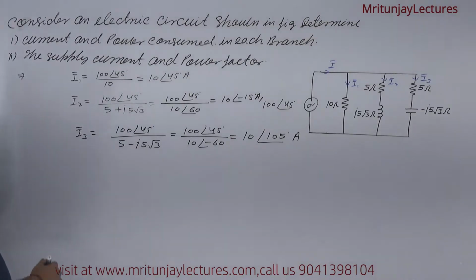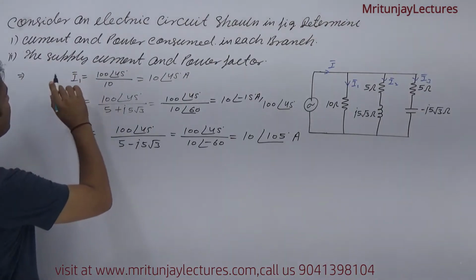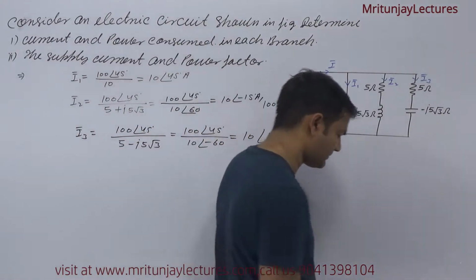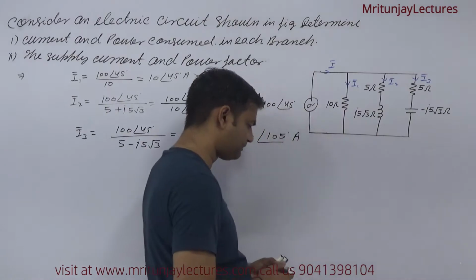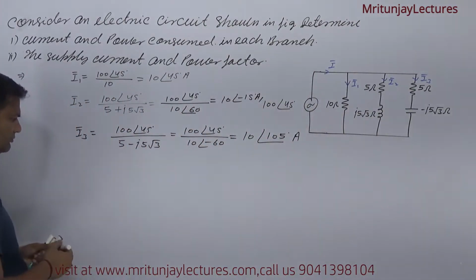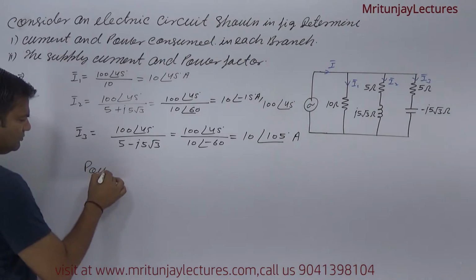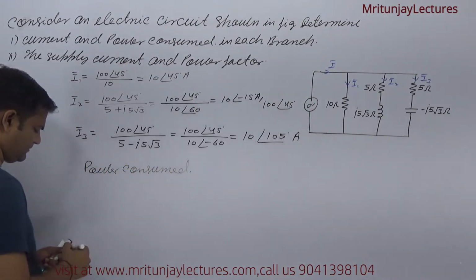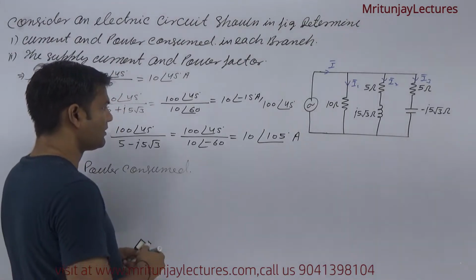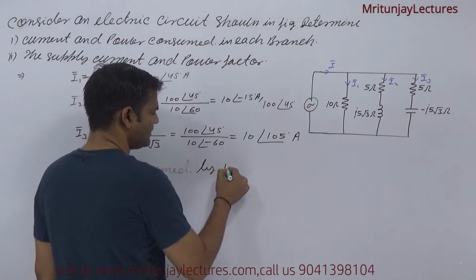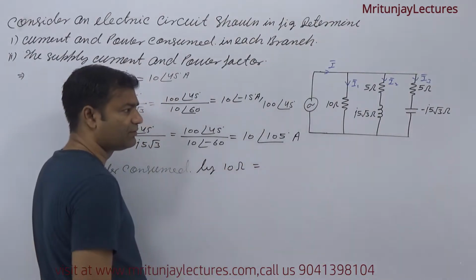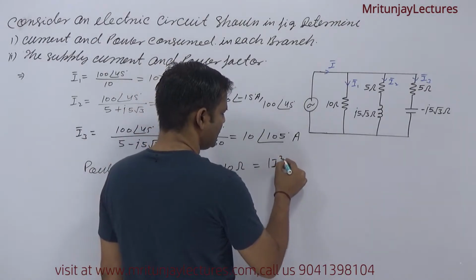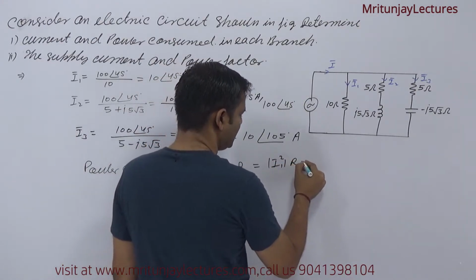Now the next target: we have the current in each branch, and after that we determine the power consumed in each branch. First, the power consumed by the 10 ohm resistance is the magnitude of I1 squared into R1.